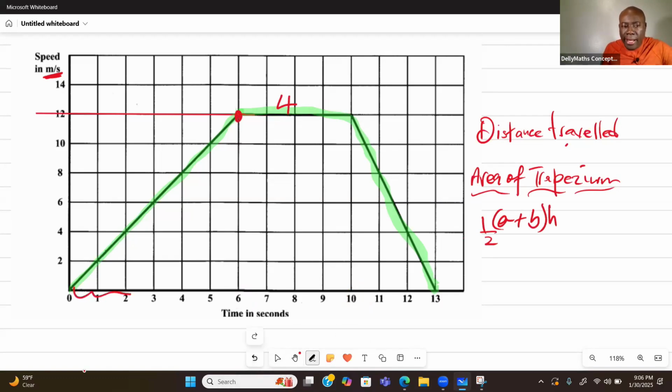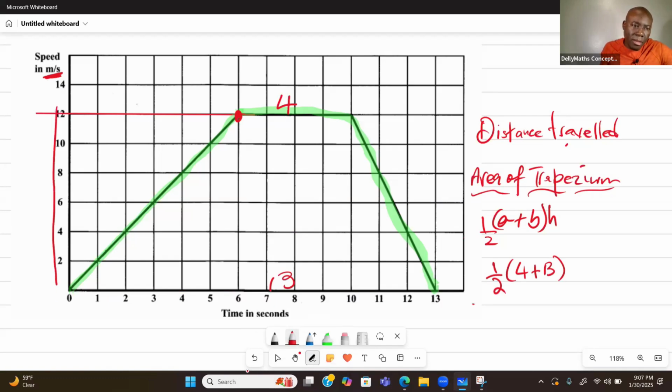The other parallel side is 13, right down here. So we're going to say half times 4 plus 13, and then multiply that by the height. The height would have been from 0 to the maximum speed, so times 12.